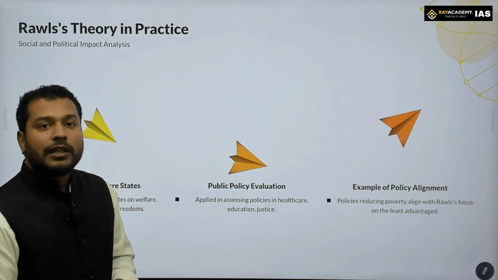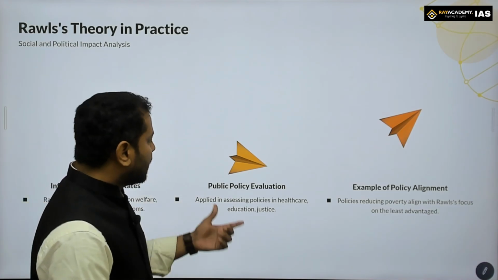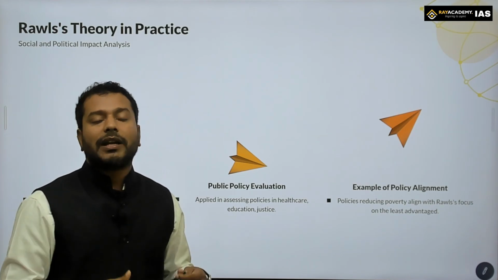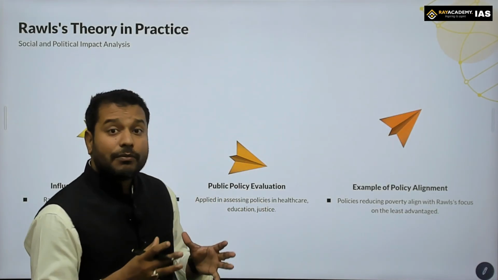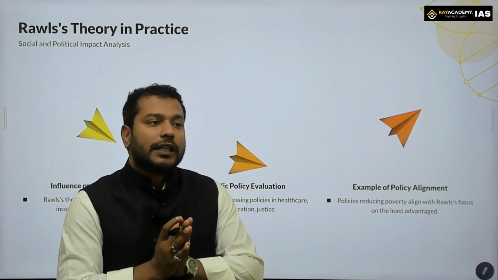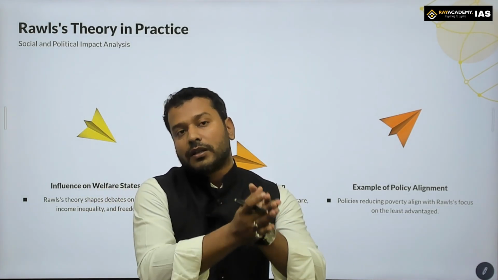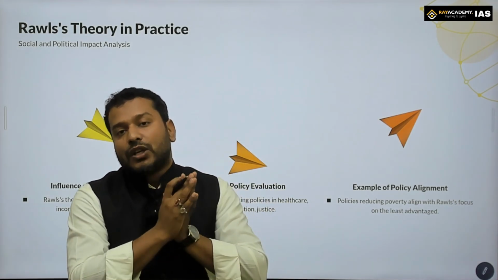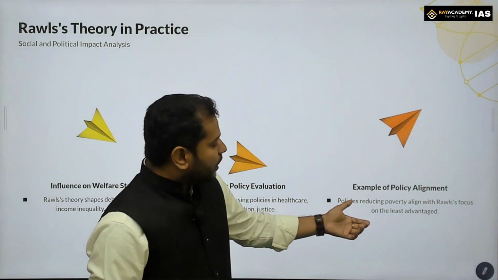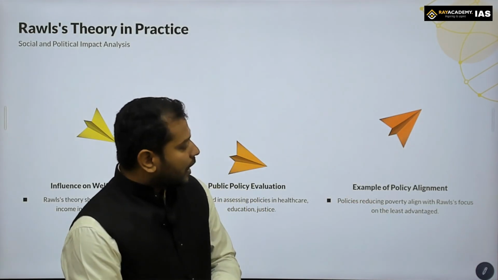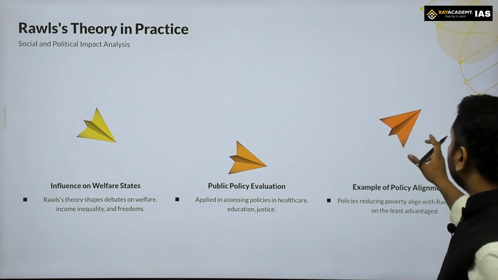At the same time, as I mentioned a couple of minutes ago, when the government is trying to formulate certain policies, John Rawls can be instrumental in shaping public policies towards a more just, fair, and equitable society. At the same time, in policies for reducing poverty, John Rawls's theories can be one of the advantageous tools.